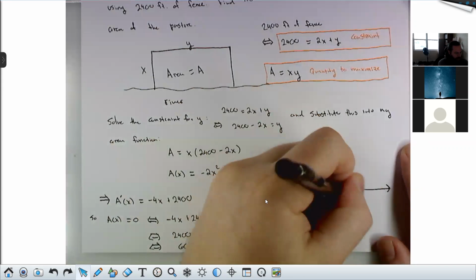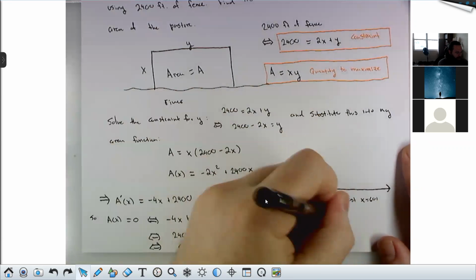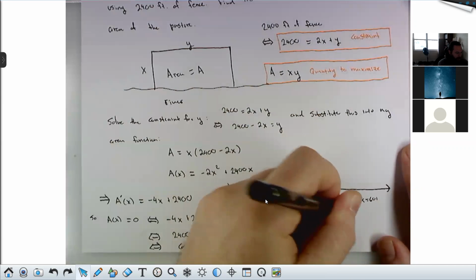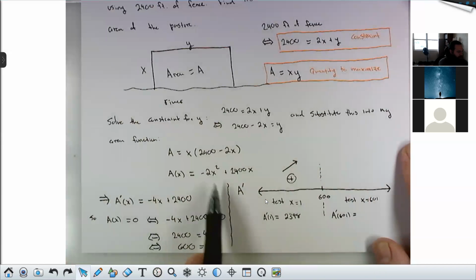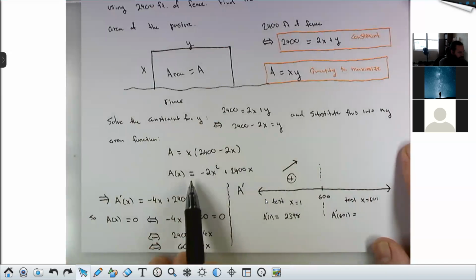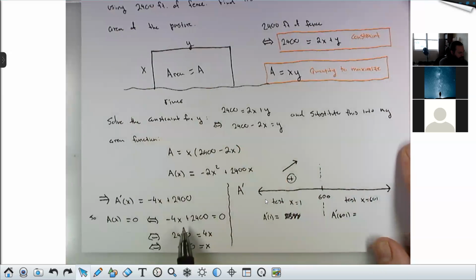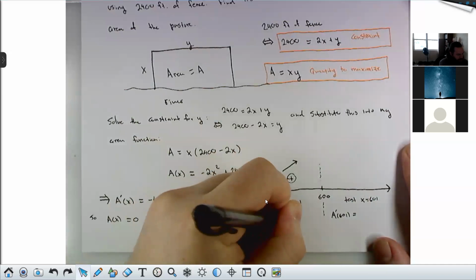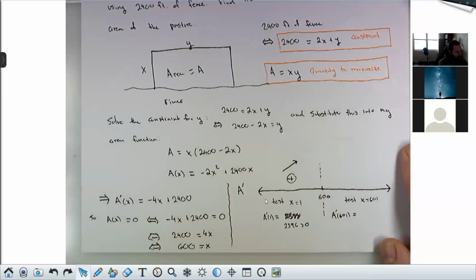And if I test over here, 601, then A primed of 601 is probably easier to see from here. What are we going to get? A prime, sorry, where are we? Oh, wait, yeah, I plugged into A here. We need to be plugging into A prime. It's not 2398. It is still positive. But A primed of 1, when we come back here and fix this, would be 2400 minus 4, which is 2396. It's still greater than 0, but I plugged into the wrong function.